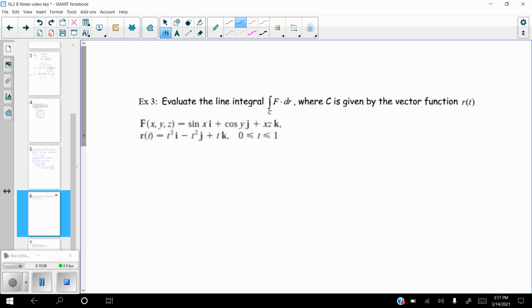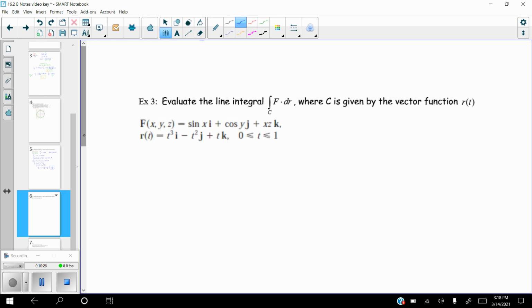All right, example number 3. So again, we're going to evaluate the line integral of F dot dr, where C is given by the vector function r of t. Okay, they've given us the t bounds, which again go from 0 to 1. Our force is sine of x, cosine y, xz, and this is 3-dimensional in this case.